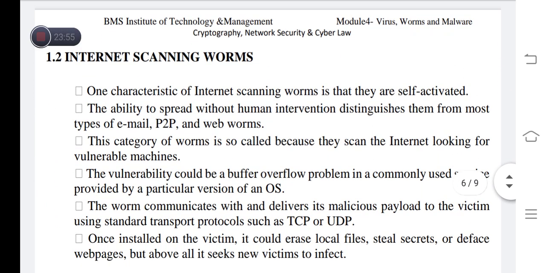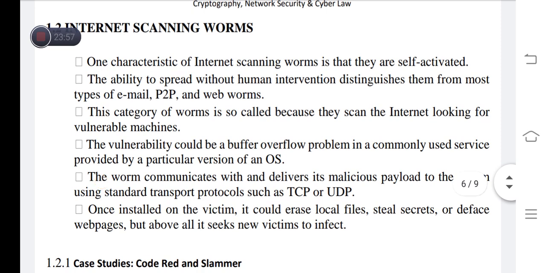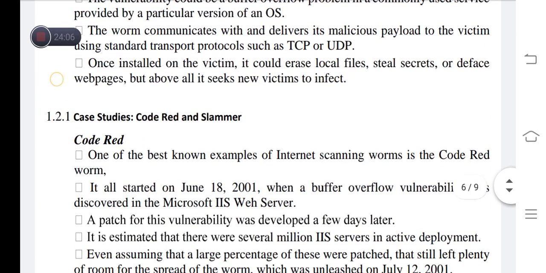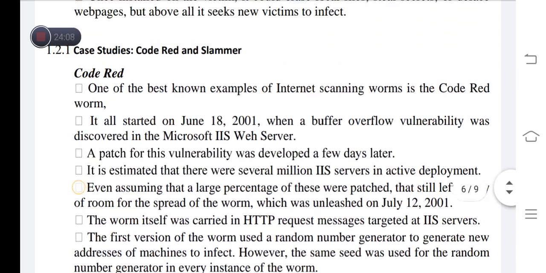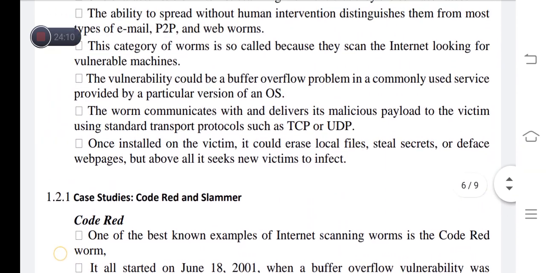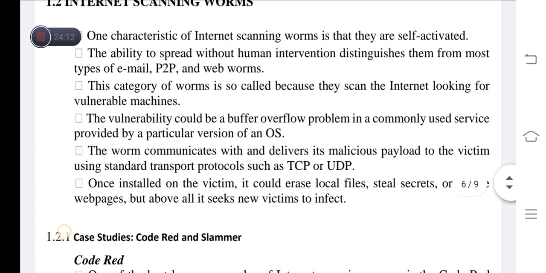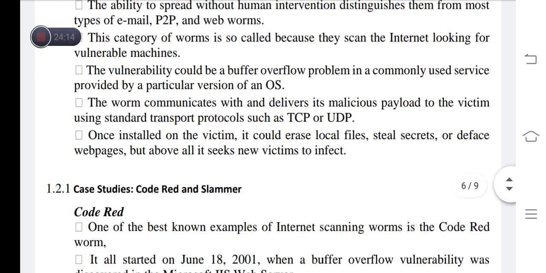Okay, next we have internet scanning worms. That is the first category of the worm. As examples for internet scanning worms, we have Code Red and Slammer. We also have other malware, but here we are going to discuss only these two.